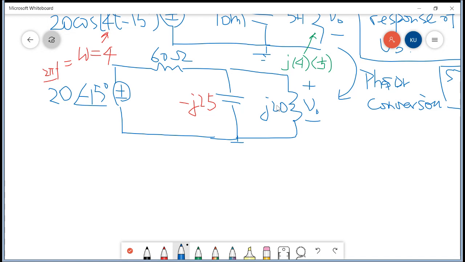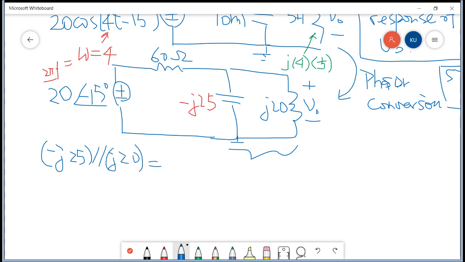So for this one we calculate minus j25 in parallel with j20.